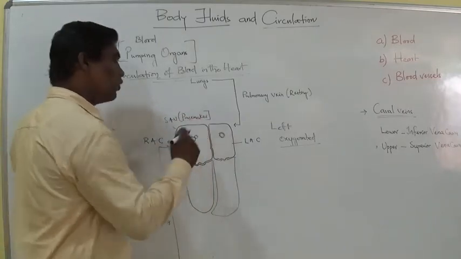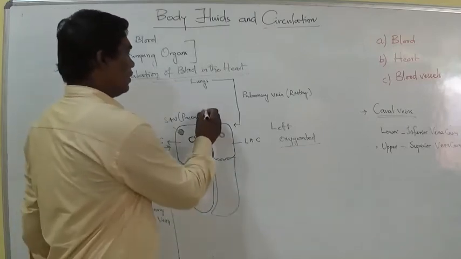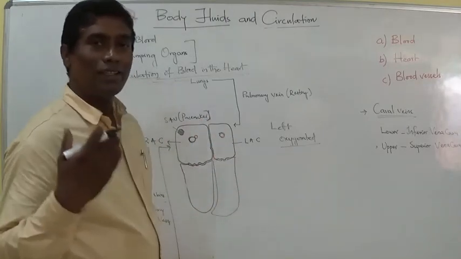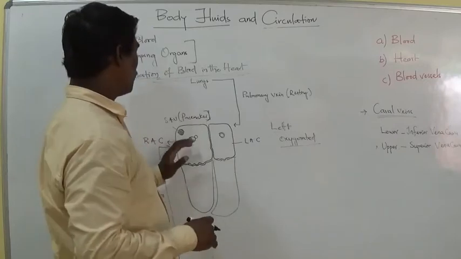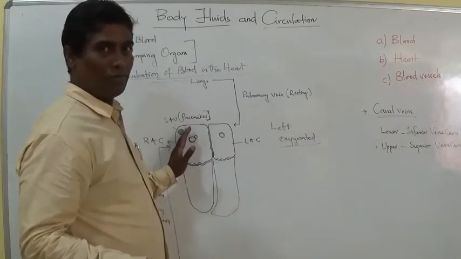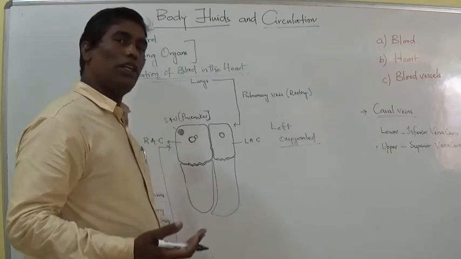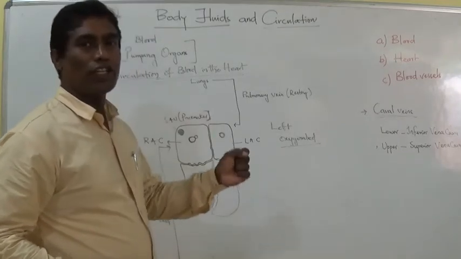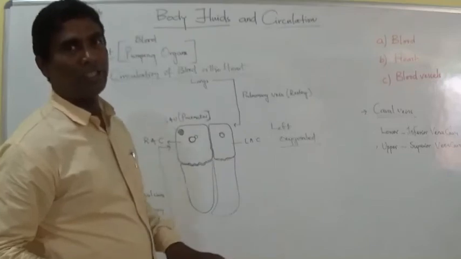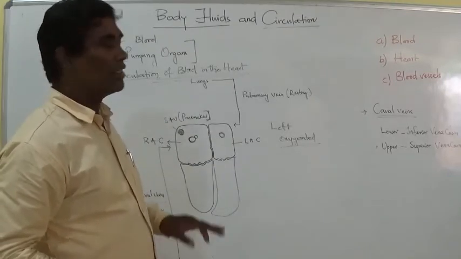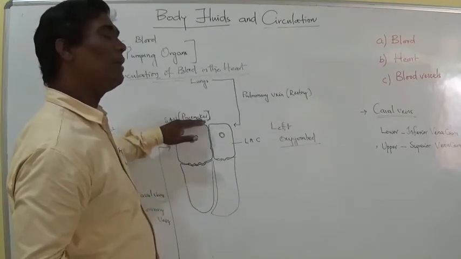Because it is auto-excitable. It doesn't receive any kind of nervous signal for getting ignited. And this creates an action potential which helps in contraction of the auricular chambers as well as the ventricular chambers. That's the reason why it is usually called a pacemaker.